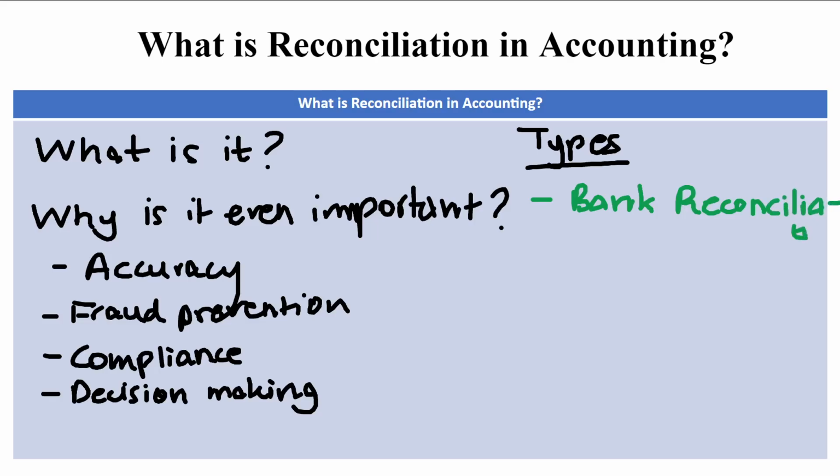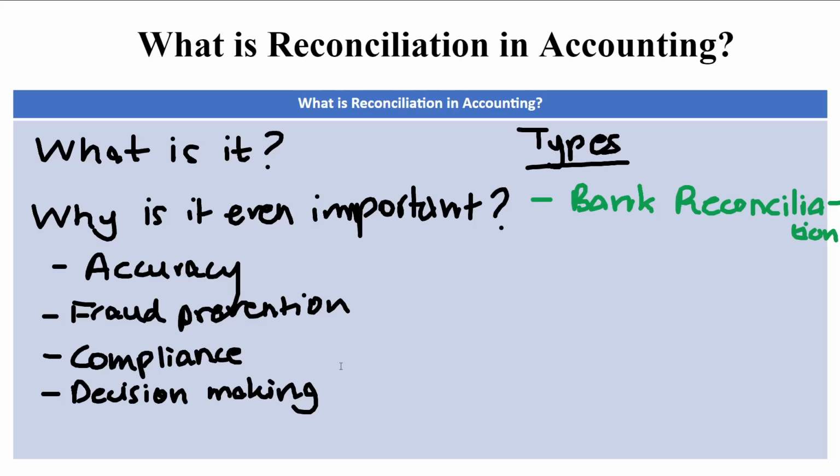So the first one is bank reconciliation. So now this involves comparing your cash book or general ledger with your bank statement to account for differences like outstanding checks, deposits in transit, bank fees, and interest earned.